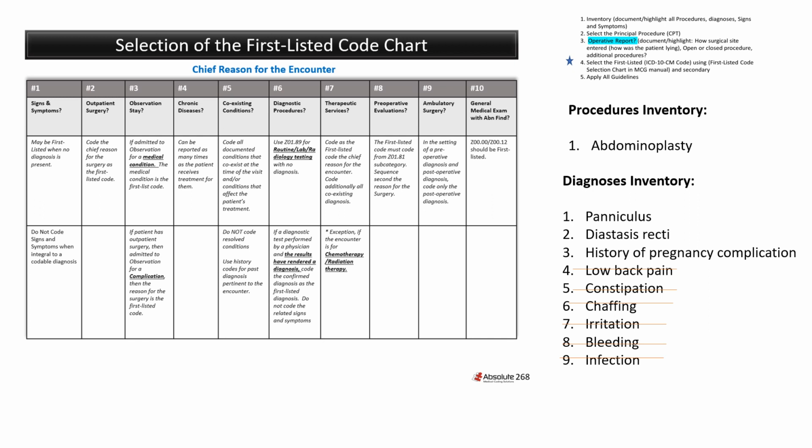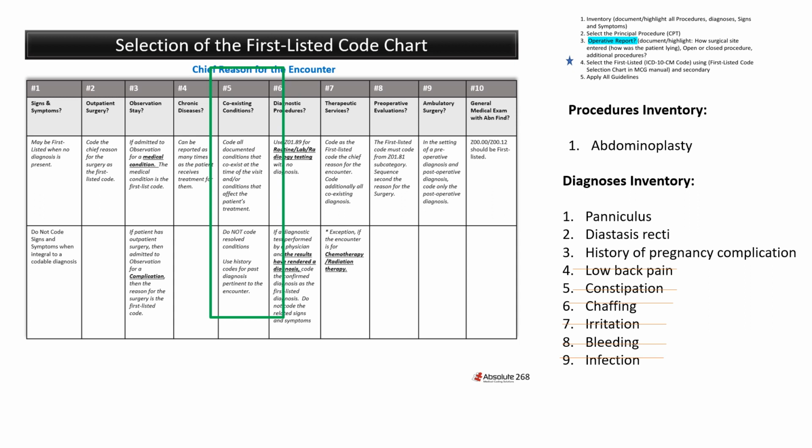So that leaves us with 1, 2, and 3, specifically number 3. Number 3 is history of pregnancy complication. So I indicated that this circumstance is a result of a pregnancy complication.